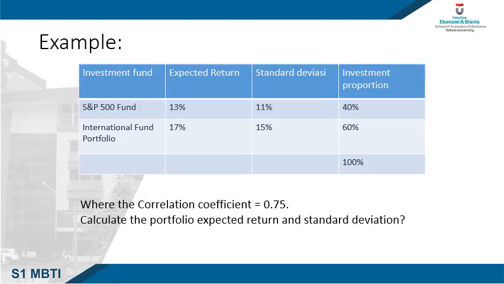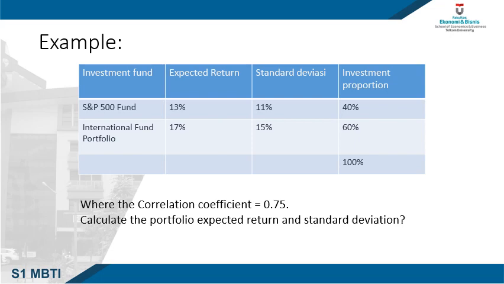Okay, so this is the example. We have a portfolio which comes from two funds or two assets, where the first asset is actually the index. I will explain later in class what an index means. And the second one is the international fund portfolio. The expected return for each fund is given: S&P 13%, international fund portfolio 17%.